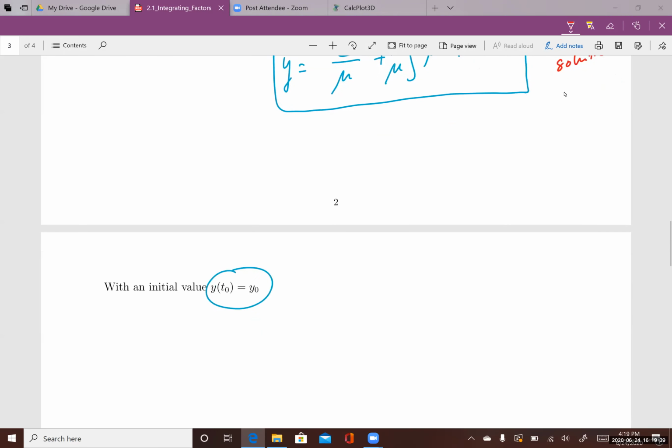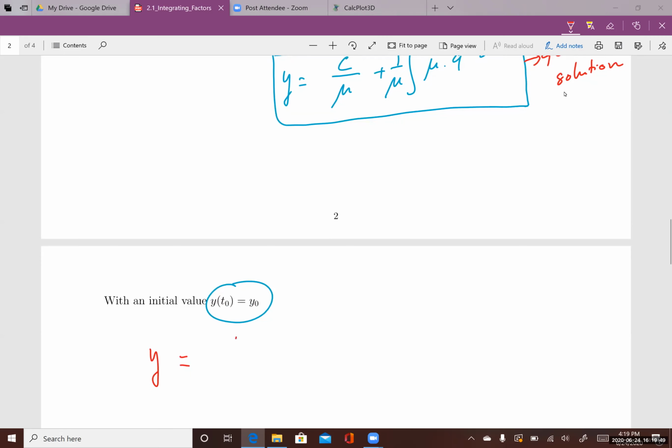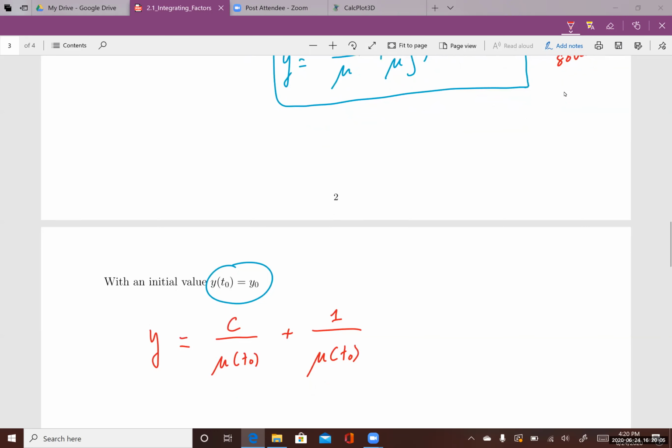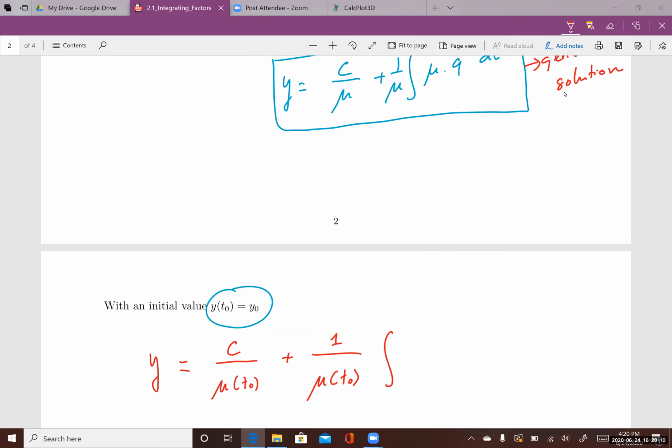For y, when we have a specific c using this initial value, c is still unknown, and mu of t, you plug t0 in here, plus 1 over mu of t, you plug t0 into the function mu, and you want to integrate mu of t times q of t dt.